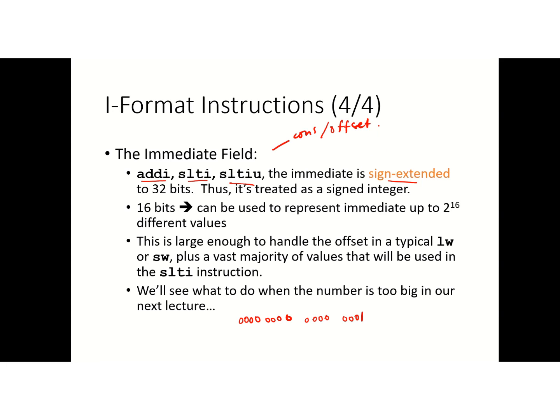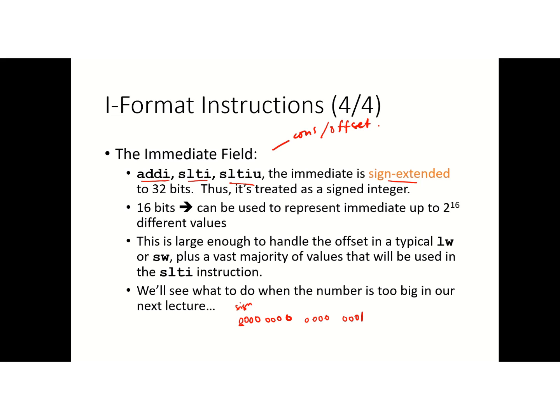Anything that has an I here, like ADDI, means that it is operating on the immediate as a constant number. So they treat it as signed. The most significant bit on the left side would be the sign of that number.